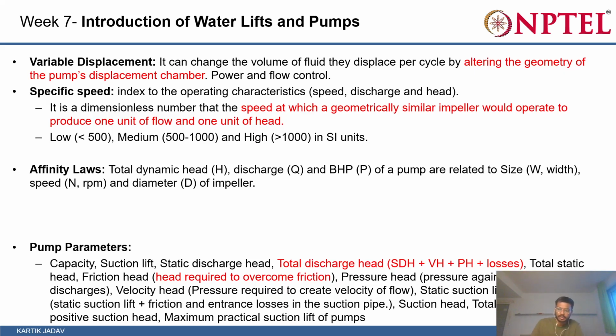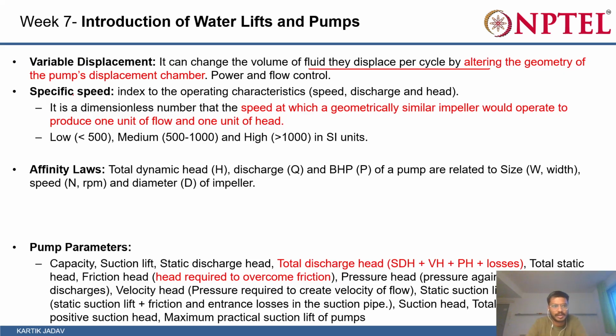Right now, let's talk about variable displacement. So a variable displacement pump can change the volume of fluid it displaces per cycle, altering the geometry of the pump's displacement chamber. So it covers power and flow both.